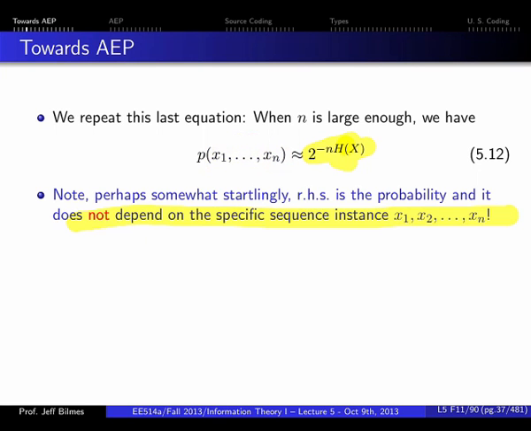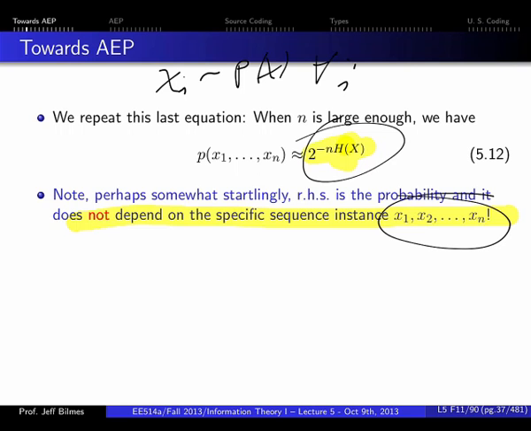And we're saying that regardless of the sample, whatever the outcome, remember, we have that x_i is sampled from p(x) for all i. So we just take n samples of a random variable, we flip a biased coin n times, compute its probability, and if n is big enough, it's going to be equal to this expression. And it has nothing to do with the actual sample.